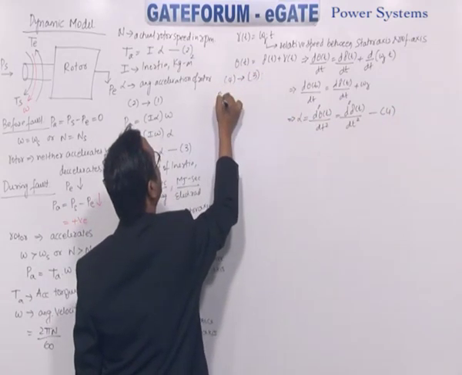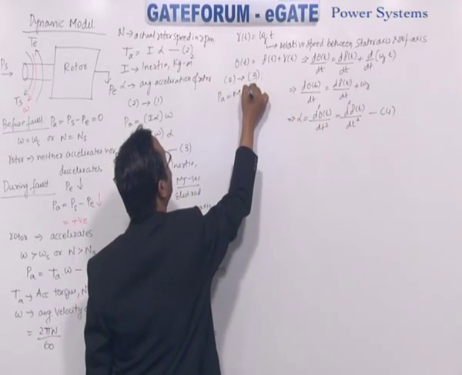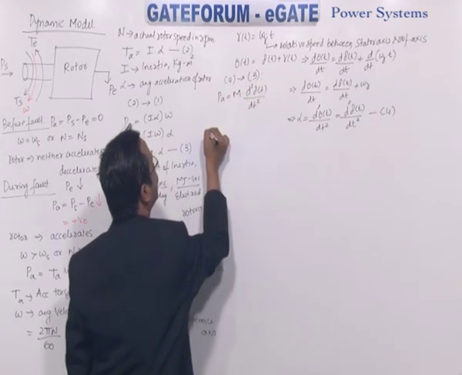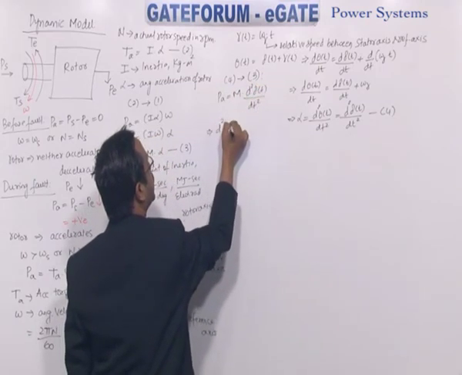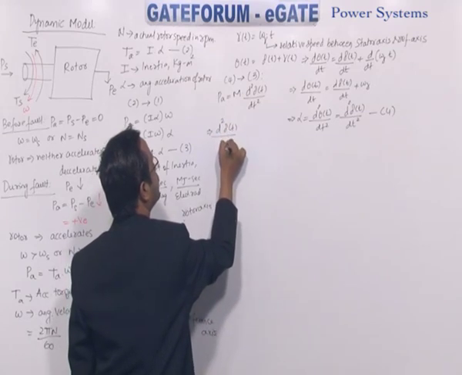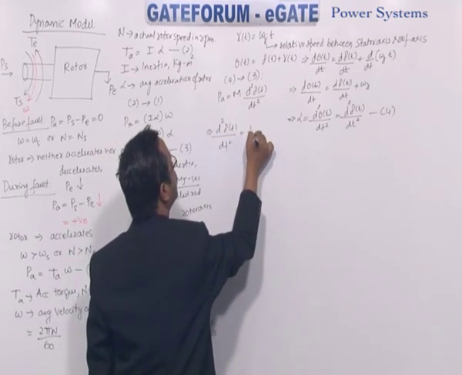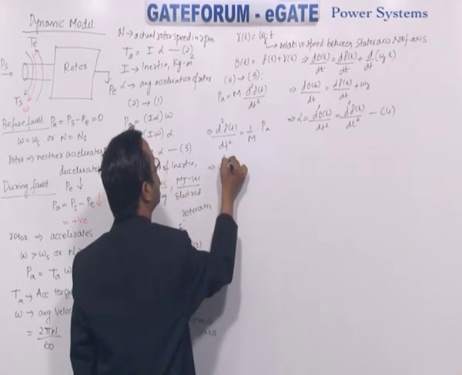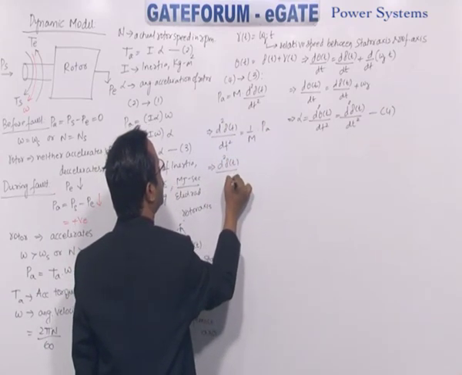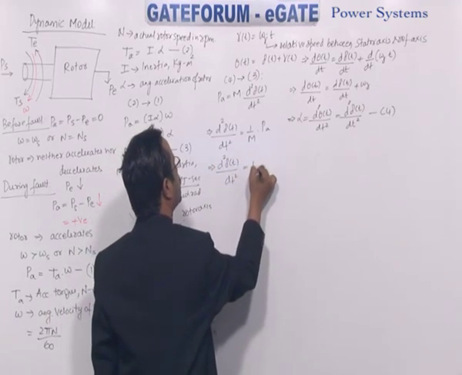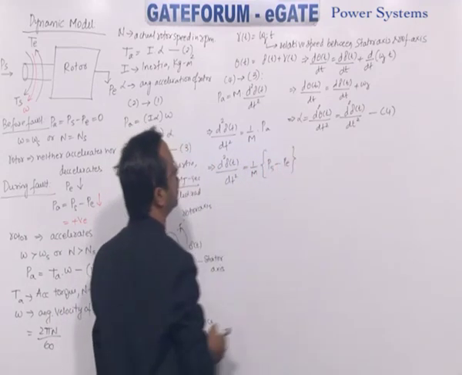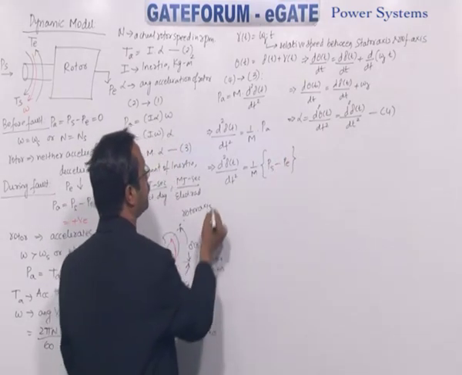So what is PA now? M into d square delta by dt square. From this you write what is d square delta by dt square. It is 1 by M PA. So what do you write that PA as now? Mechanical input PS minus electrical output PE.